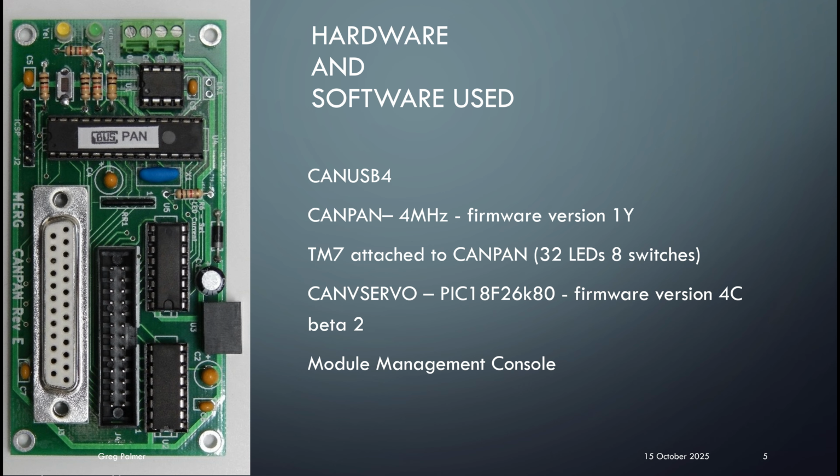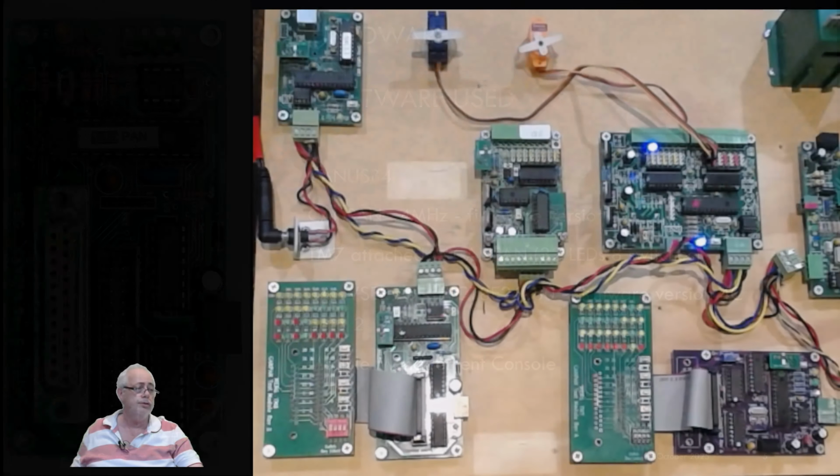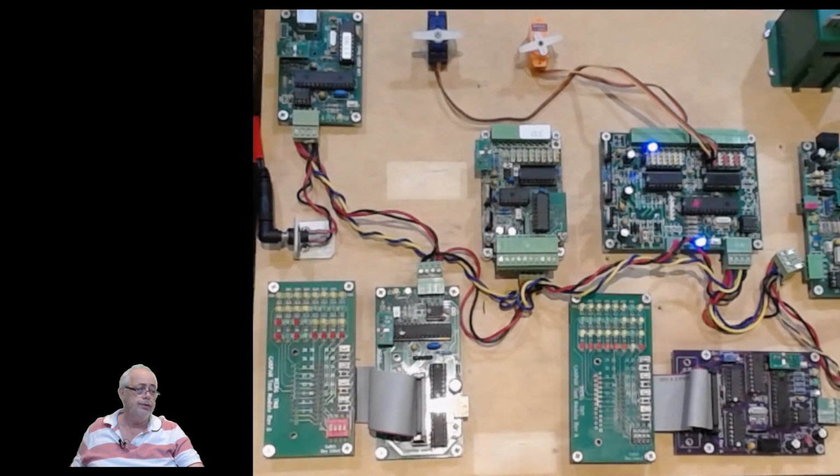Now we might just have a look at what the board looks like that we're using. So here we have the TM7 board with the LEDs and the switches. Over here we've got the CANPAN connected to it. Up here is our CAN USB 4.